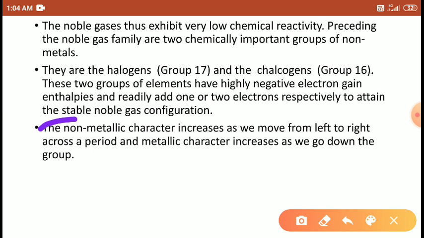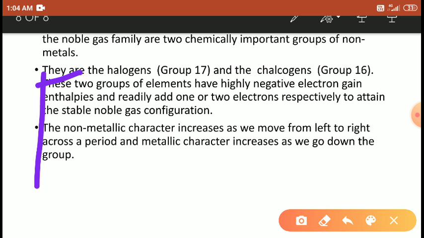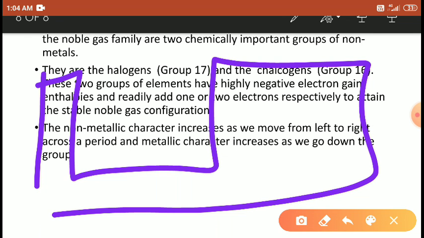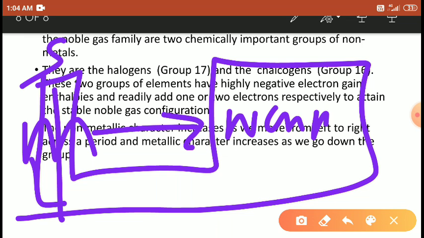The non-metallic character increases from left to right in the periodic table. On the left side, the s-block elements are metals. When you move from left to right, the p-block elements are non-metals.